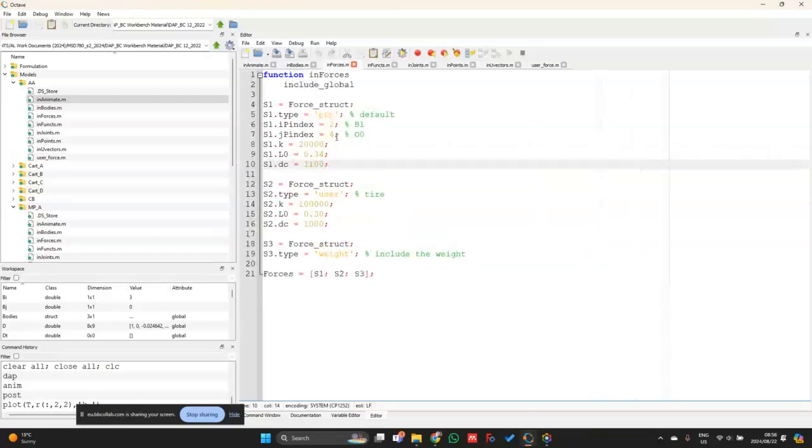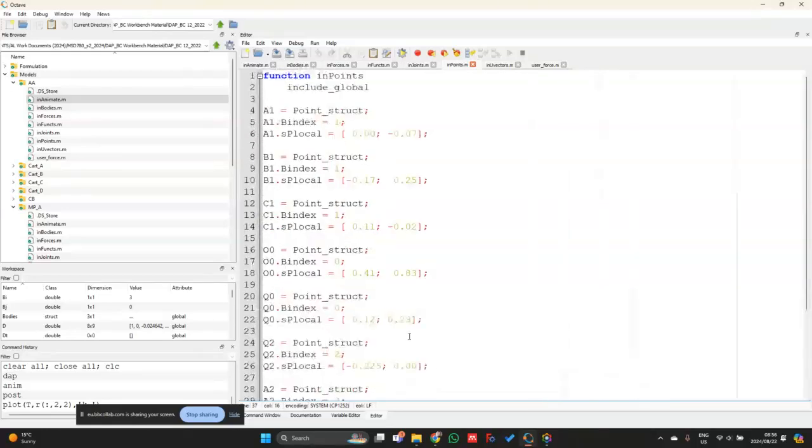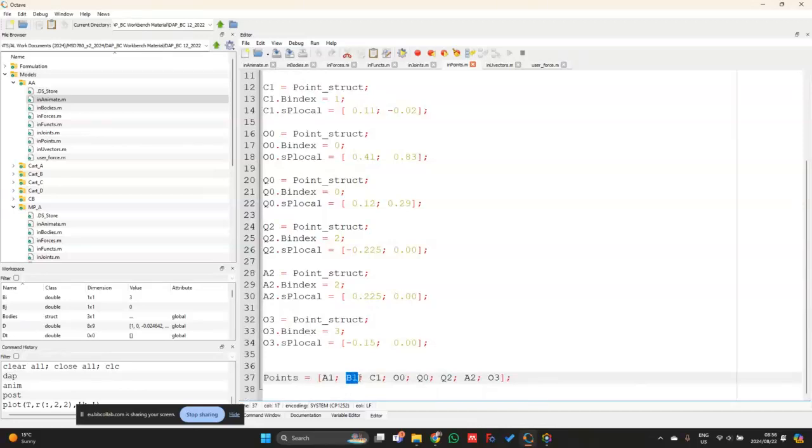In forces, you'll see looks more or less the same. I once again have a point-to-point force, and this is now between point index 2 and point index 4. So if I go back to in points, point 2 is then point B1, so point B on body 1, and point 4 is then point O on body 0.